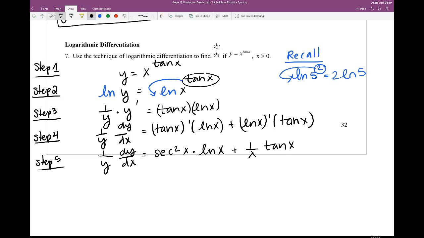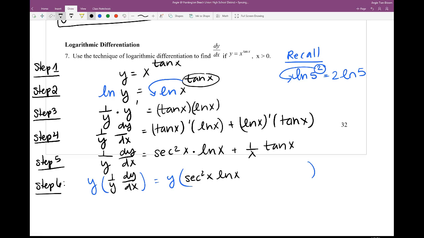Remember, keep in mind that I'm trying to solve for dy dx. So I'm going to multiply both sides by y. Step 6, I will now multiply both sides by y. So if I multiply both sides by y, this 1 over y dy dx, and then y is over here, so I'm just going to copy everything over again.